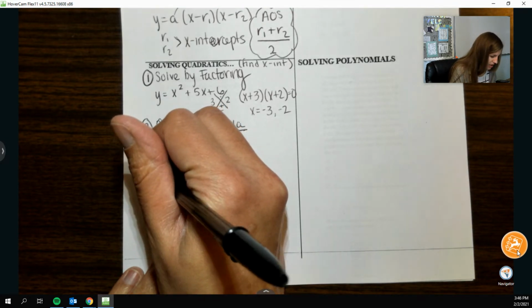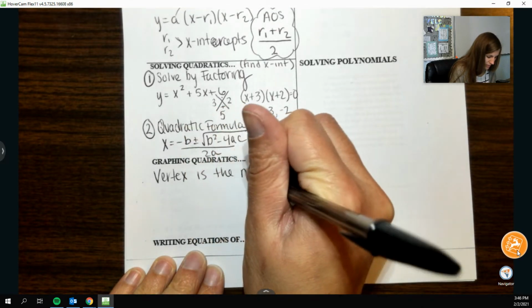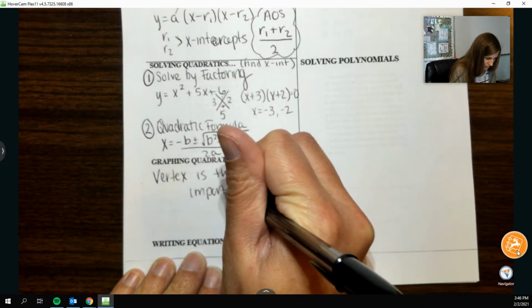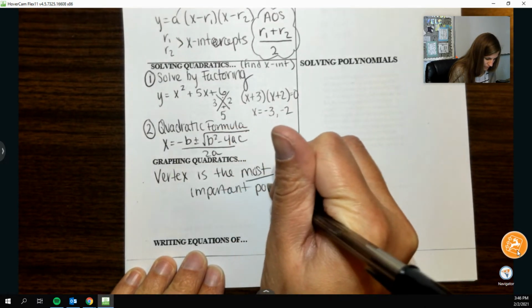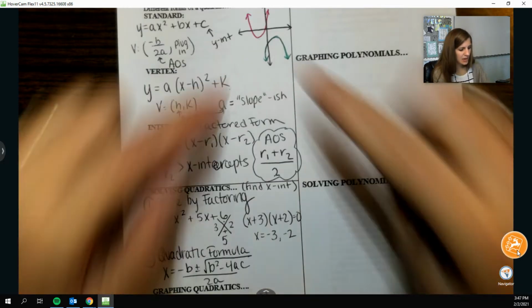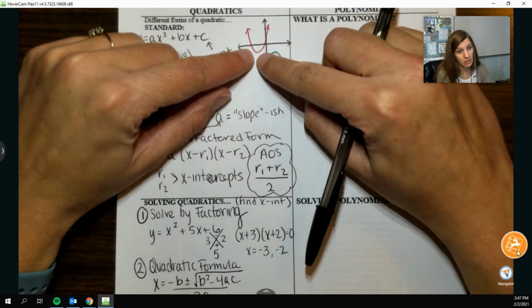When you're graphing quadratics, I kind of talked about that up here, but really you always want to know the vertex. Vertex is the most important point, because that's where everything's happening. They're all meeting at this vertex spot here that is dividing this graph equally in half.